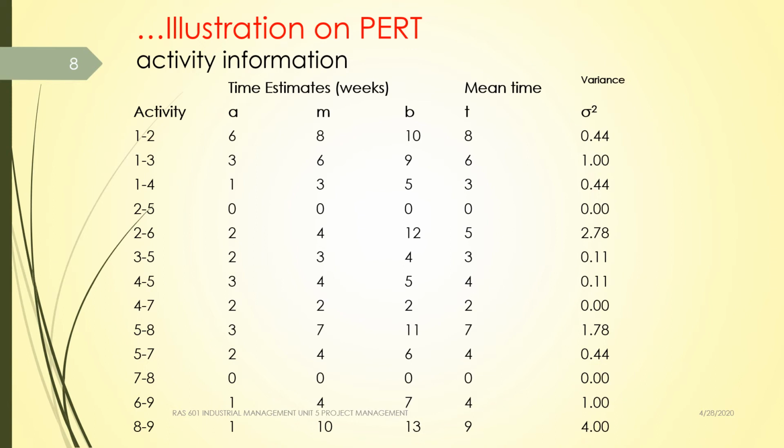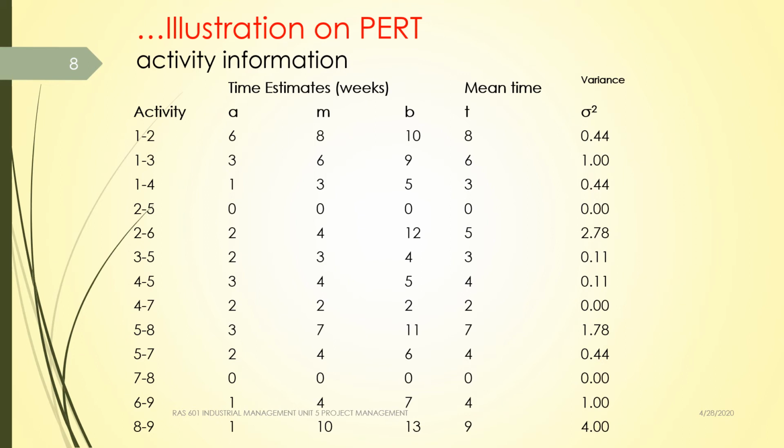Mean time can be calculated for each activity by using the formula t equals a plus 4 times m plus b, divided by 6, and it can be seen that the mean times for different activities are 8, 6, 3, 0, 5, 3, 4, 2, 7, 4, 0, 4 and 9, etc. Whereas the formula for variance, as we have seen earlier, is sigma square equals b minus a, that is pessimistic minus optimistic, divided by 6, squared.